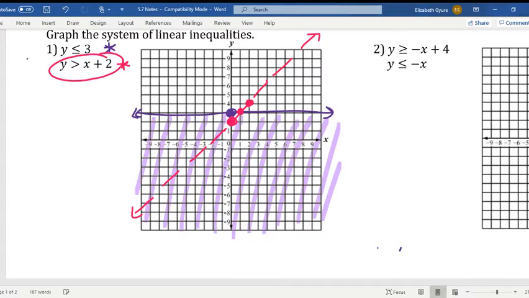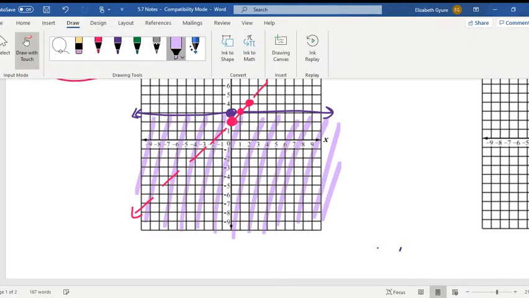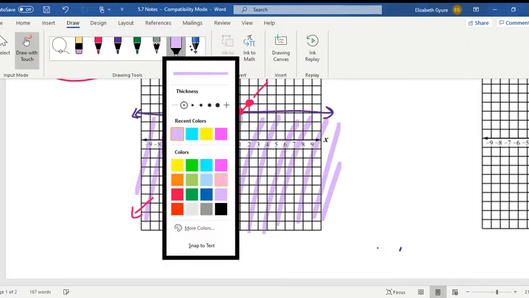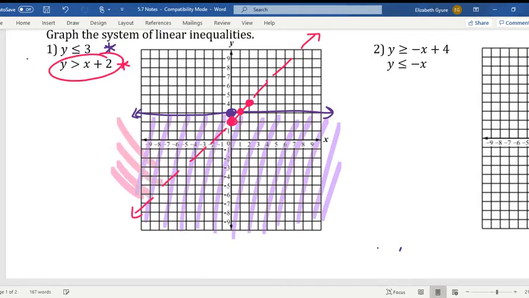If it's a dotted line, well, so now we have greater than, right? So greater than, do I shade above the line or below the line? Above. Yeah, above. Very good. So remember, think of it kind of like a hill. If you're shading above, it's on top. If you're shading below, it's underneath. So we're going to shade on top of this line here.